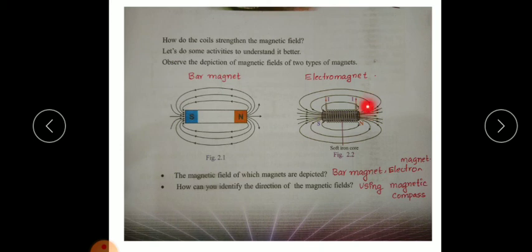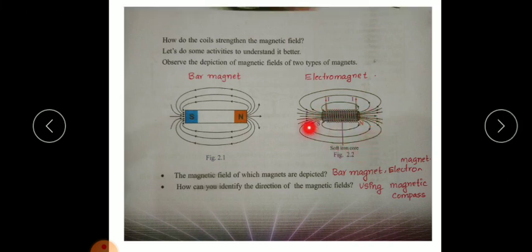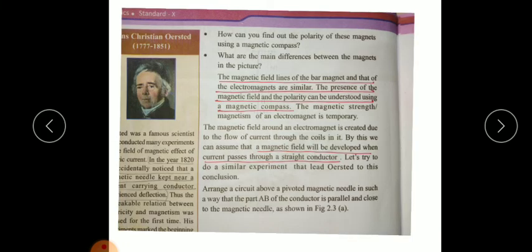Due to this magnetic field, this soft iron core becomes a magnet. So this soft iron core attains temporary magnetism, and due to this it acts as an electromagnet. So the magnetic field around the electromagnet is created due to the flow of current through the coils in it.